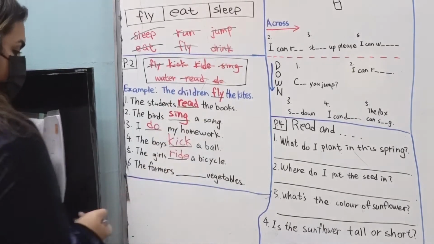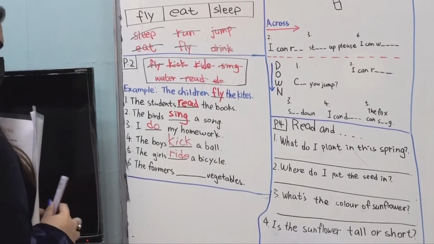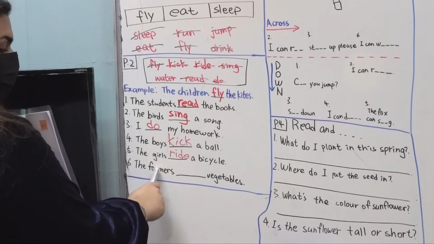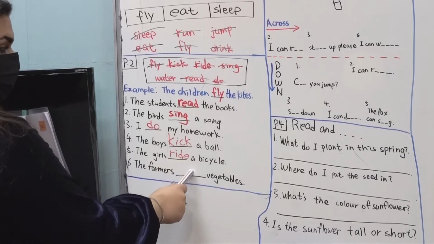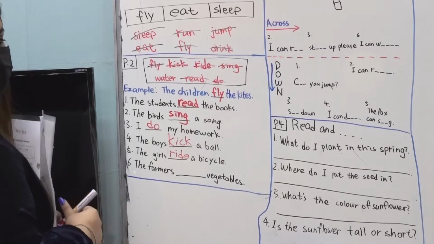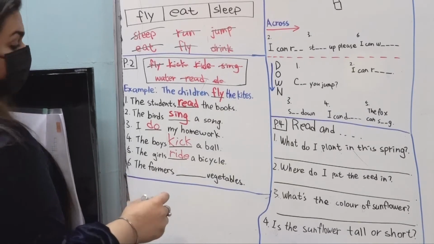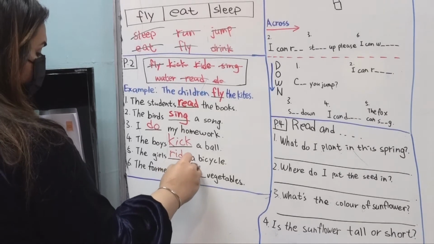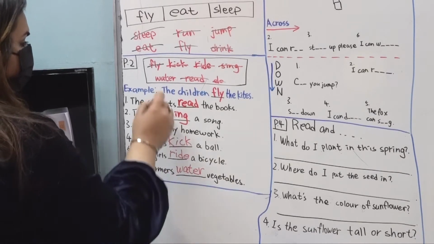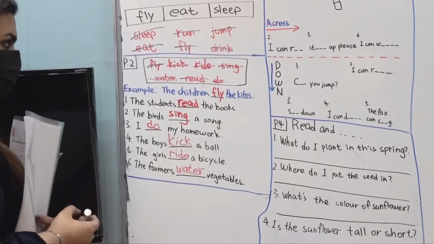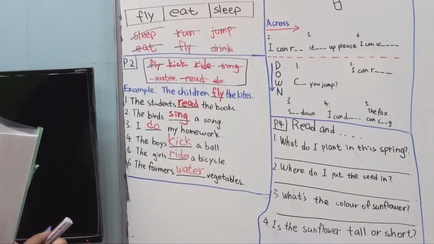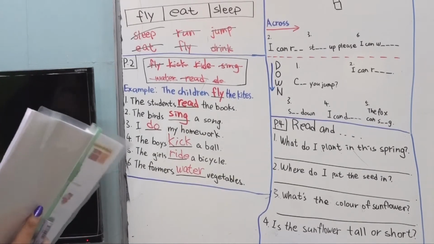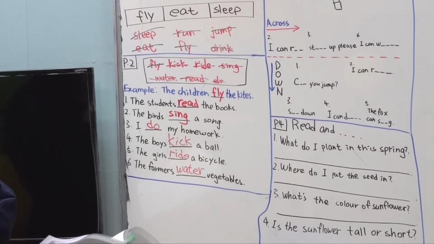Ride. Number 6. The farmers what vegetables? That is water. Water the vegetables. Okay? So check your answers.